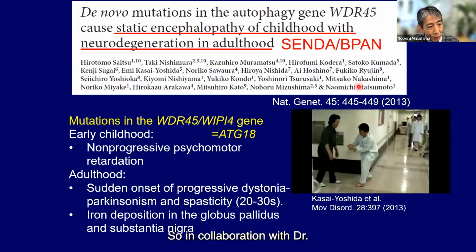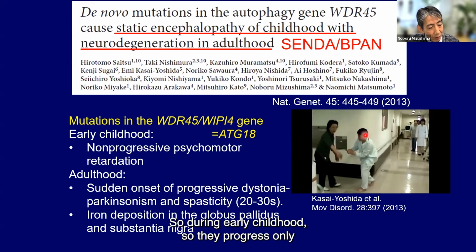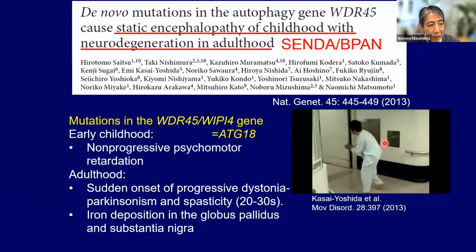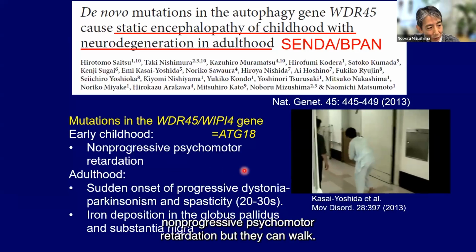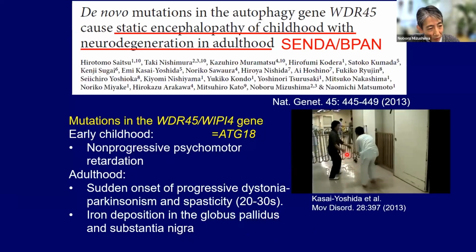In collaboration with Dr. Naomichi Matsumoto's group, we have identified mutations in the WDR45 gene, one of the mammalian homologs of yeast Atg18, in a very rare neurodegenerative disease called SENDA or BPAN. This is a biphasic disease. During early childhood, they show non-progressive psychomotor retardation, but they can walk.